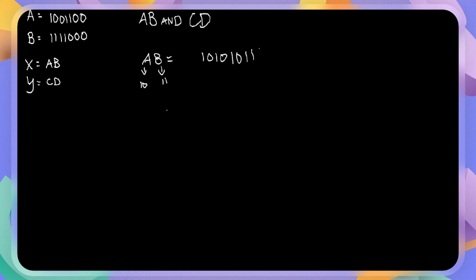And then our CD, our C would be 12 and our D would be 13. So 13 would be an 8 and then a 4. Then we would have a 1. There we go. Then our 12 would be an 8 and a 4 only.